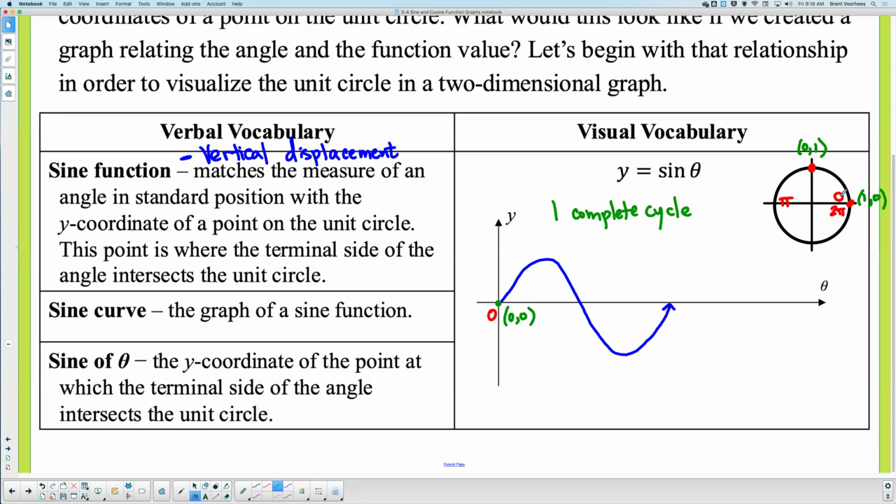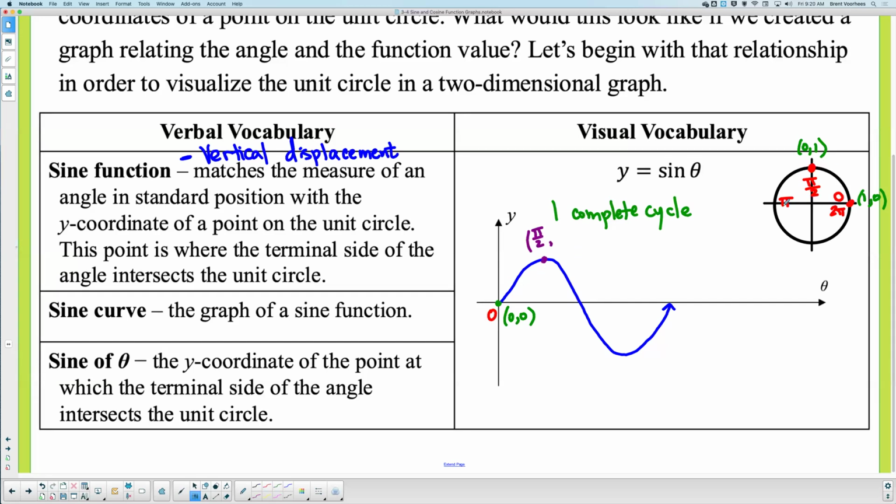Do you remember how many pi's this would be? Let's see, it's in between 0 and 1 whole pi. What's in between 0 and 1 whole pi? Half of a pi. Pi divided by 2. So here's what that means. On this graph, this point right here would have the coordinates: the x value would be pi over 2.